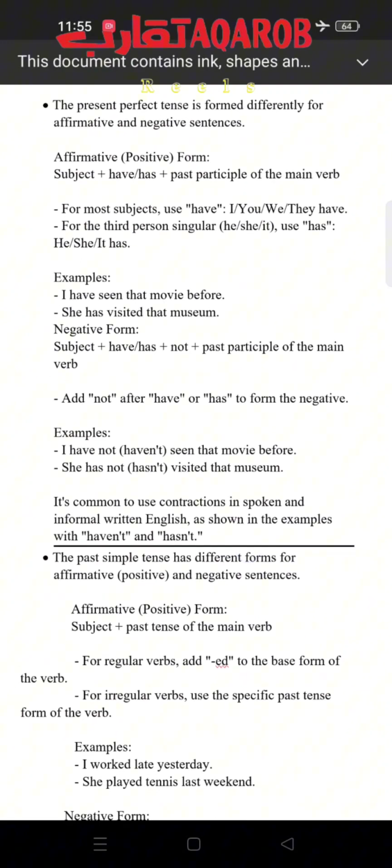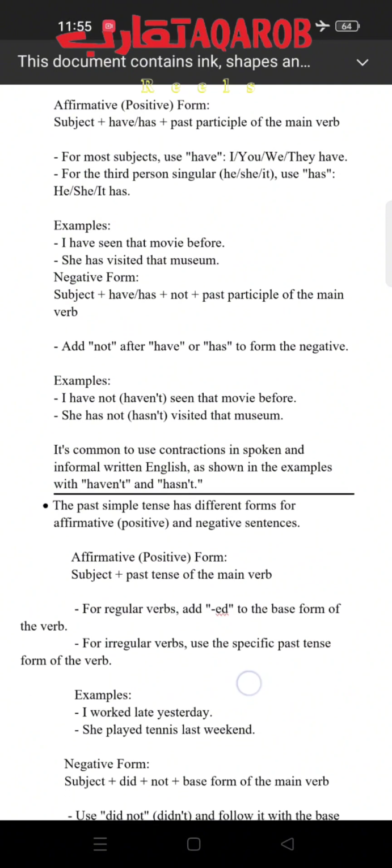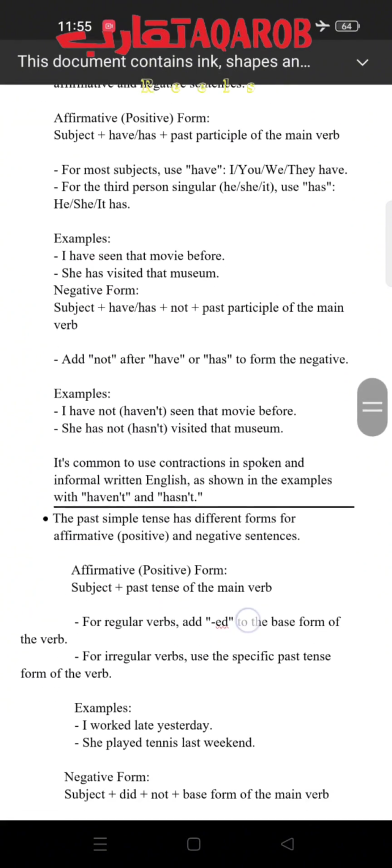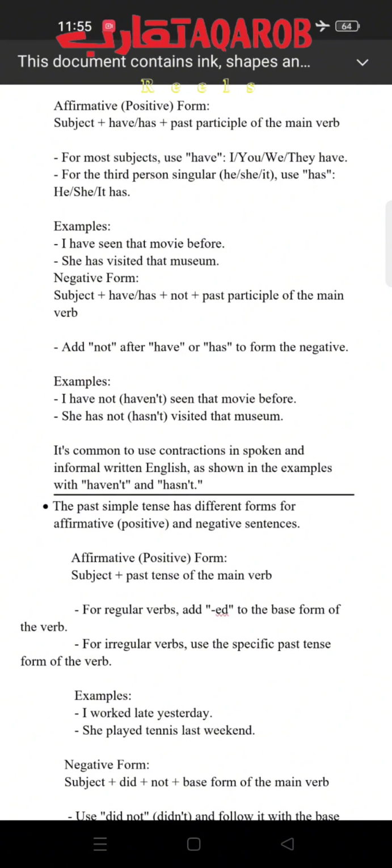Now, the present perfect tense is formed differently for affirmative and negative sentences. Let's start with the affirmative or positive form of the present perfect tense. First of all is the subject, have or has, plus the past participle of the main verb.